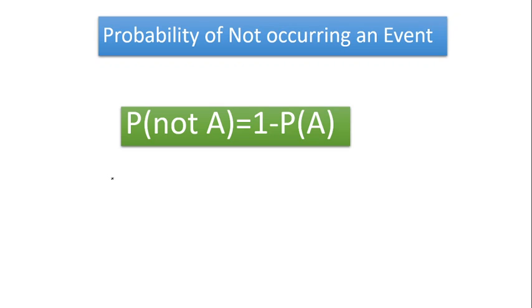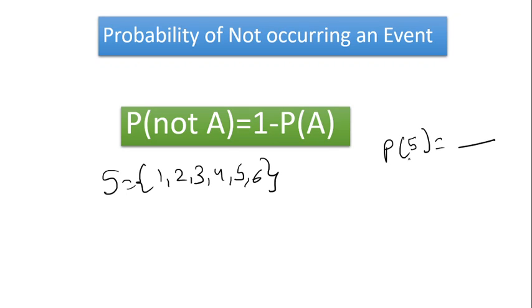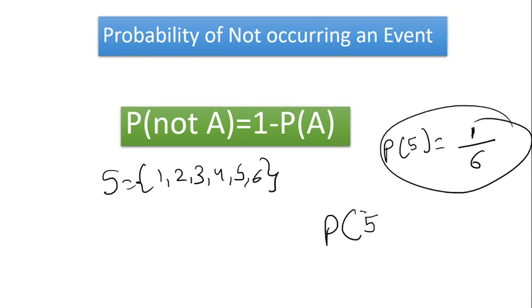Like we have a die with sample space 1, 2, 3, 4, 5, 6, and the question is to calculate the probability of getting 5. Only one 5 is favorable, total 6, so the probability is 1 by 6. And the probability of not occurring 5 is 1 minus 1 by 6, or 5 by 6.